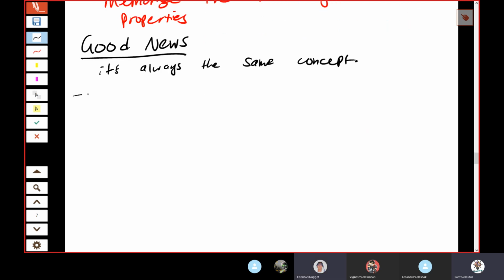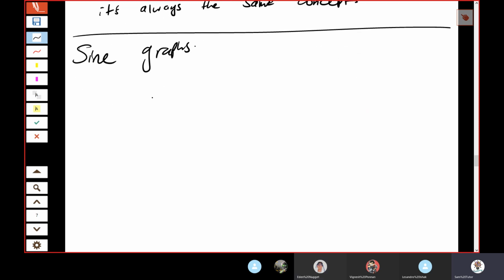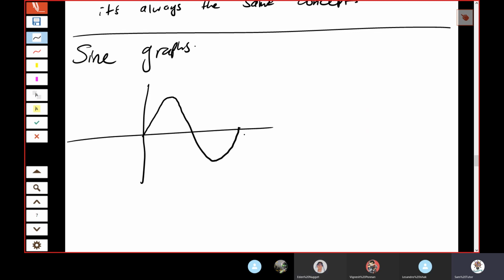So let's do the first one. Sine graphs. Sine graphs look like this. They start from 0, they go up, they go down, and that's one sine graph up to 2 pi or 360 degrees. The middle is pi or 180 degrees. That's 0. This is 1.